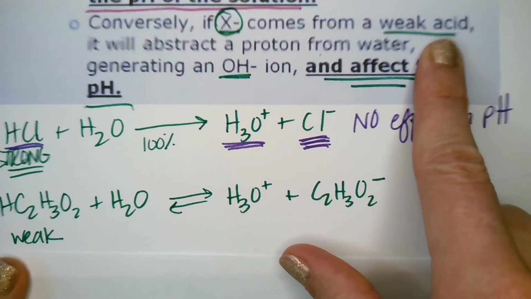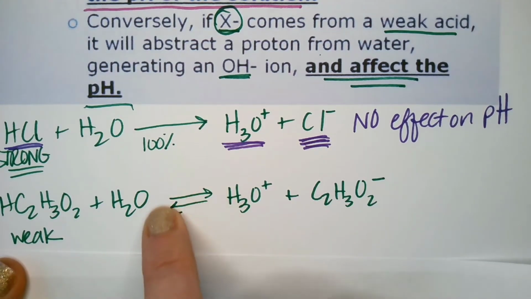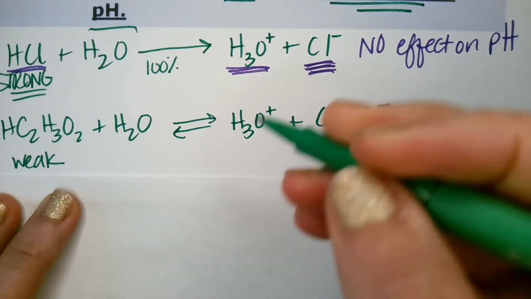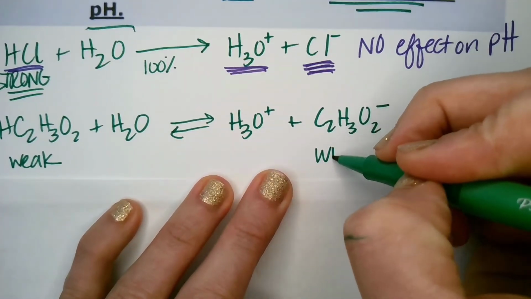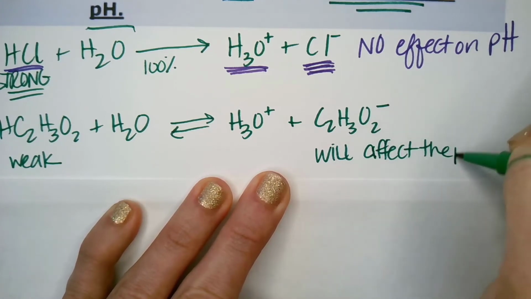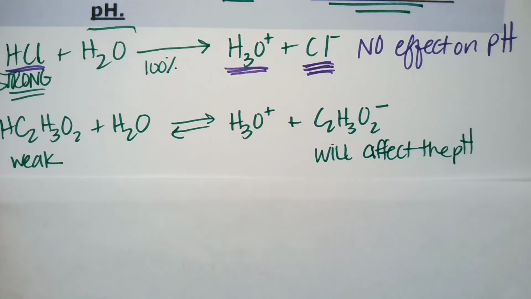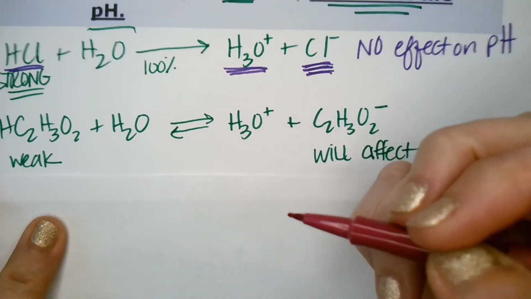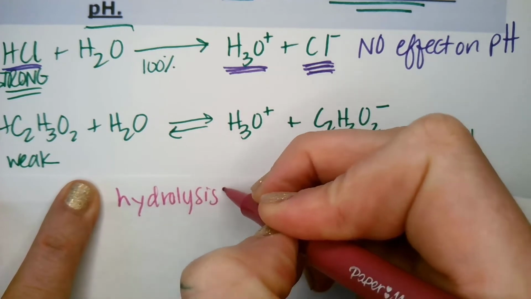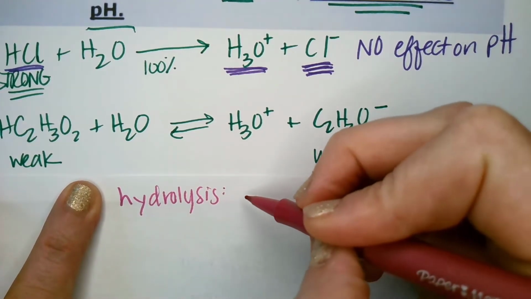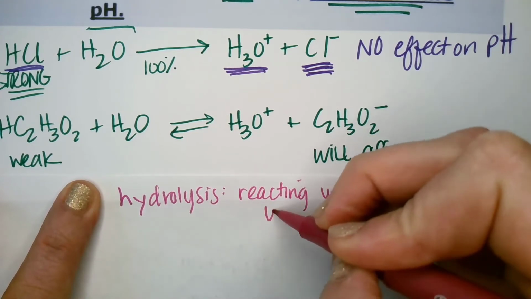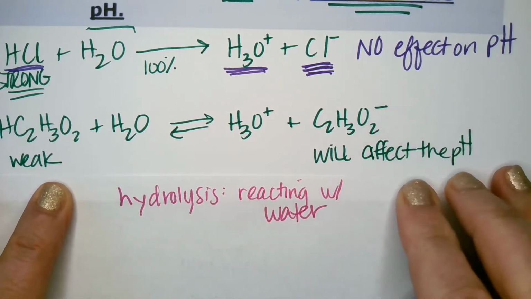And we just said up here that if this X minus, so this acetate, comes from a weak acid, and we know our weak acids are going to form equilibrium, it will affect the pH. And let's see how. Because of a process called hydrolysis, which means that we are reacting with water.